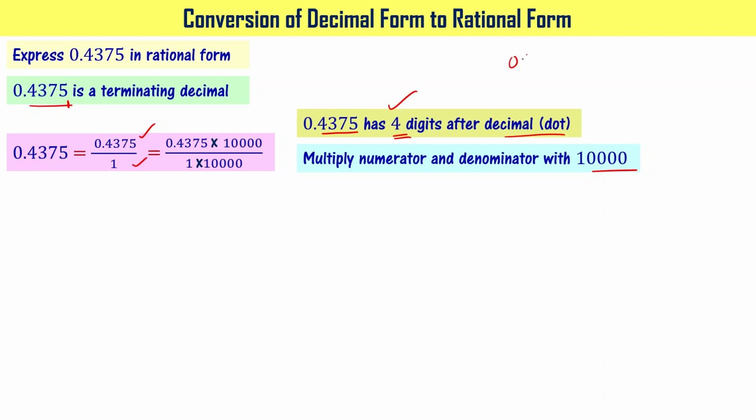So 0.4375 into 10,000. Let me cross one 0 and bring the dot here. Let me cross another 0, bring the dot here, cross another 0, bring the dot here, cross another 0, bring the dot here, right? This is equal to 4375, right?